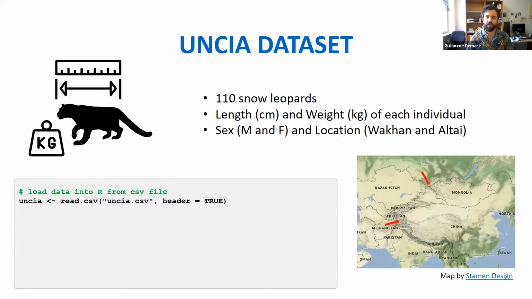Please try to do this and create an object called uncia, reading using the function read.csv, uncia.csv, header equals TRUE, because it has headers. The names of the columns are in that CSV file.